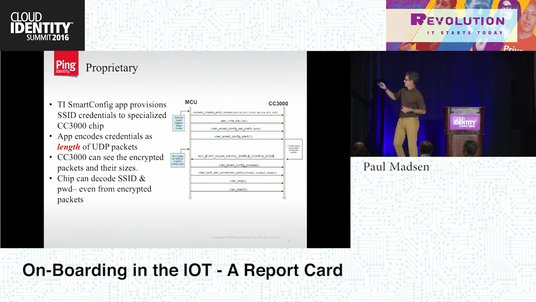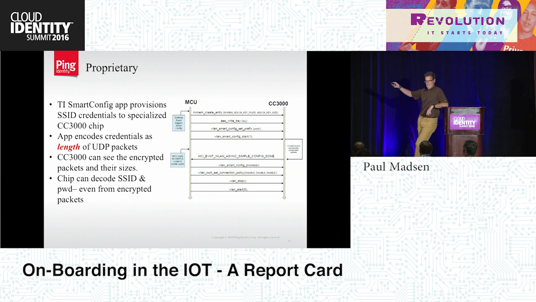Or proprietary, the SmartConfig mechanism from Texas Instruments does something admirably sneaky in that it provisions the credentials over an encrypted network for which it can't actually decrypt the packets, but it encodes the actual Wi-Fi credentials as the length of UDP packets, and thereby, through this proprietary kludge, is able to send over an encrypted channel the actual Wi-Fi credentials.